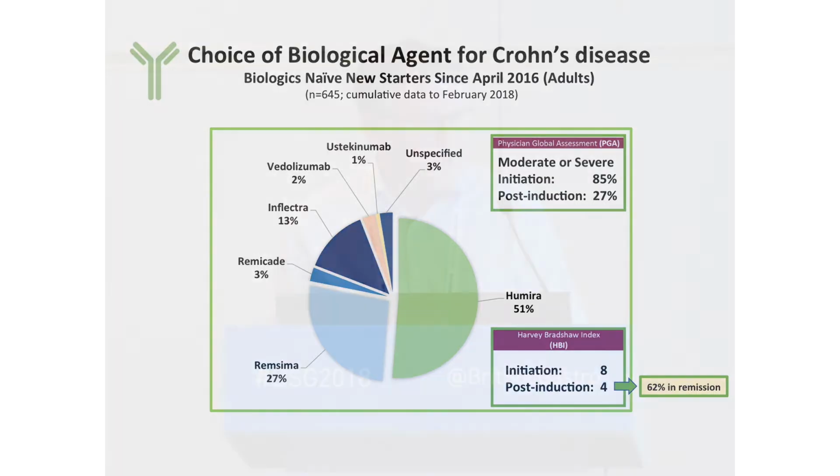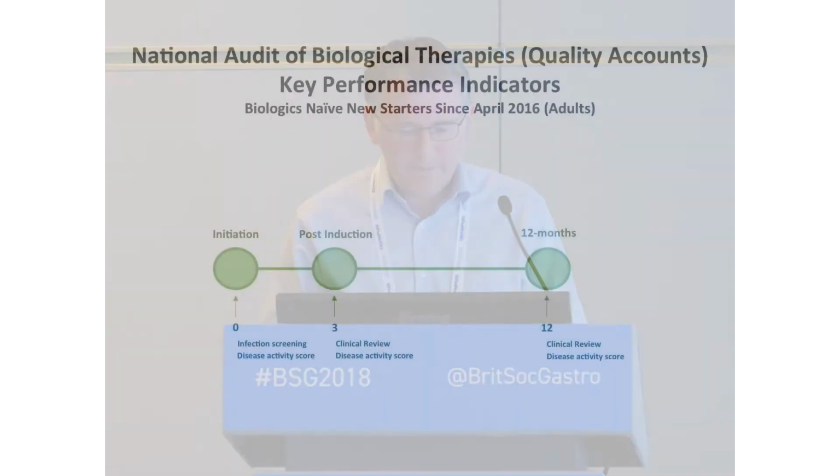And so we know that the initiated patients were judged moderate to severe by initiating clinicians in 85% of cases starting biologics in this cohort, and at the post-induction review, only 27%. And Harvey Bradshaw scores have been collected, not on everyone, and that's still work to do, but when they are collected, a halving of median scores, and 62% in remission in this real-world data cohort.